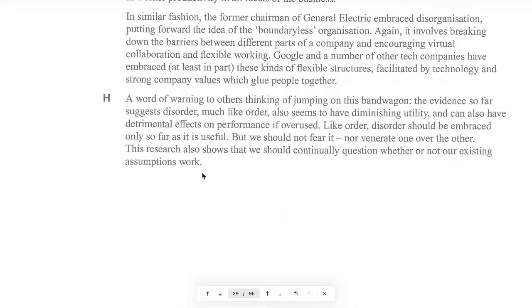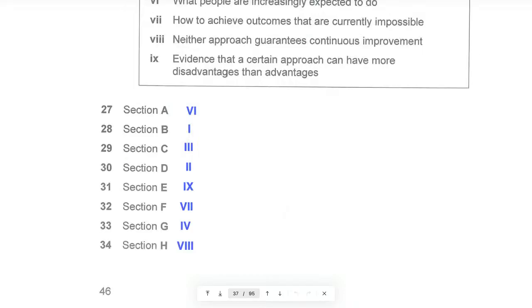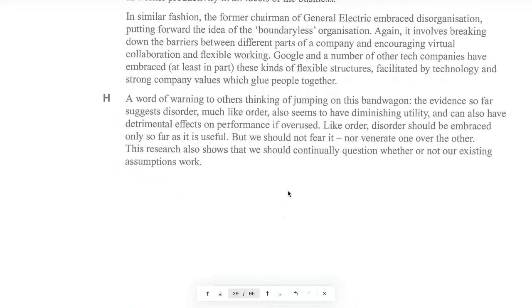I don't think that's enough. Because here I see neither approach guarantees. So at least I must see some approaches here. What are they? Jumping on this bandwagon.